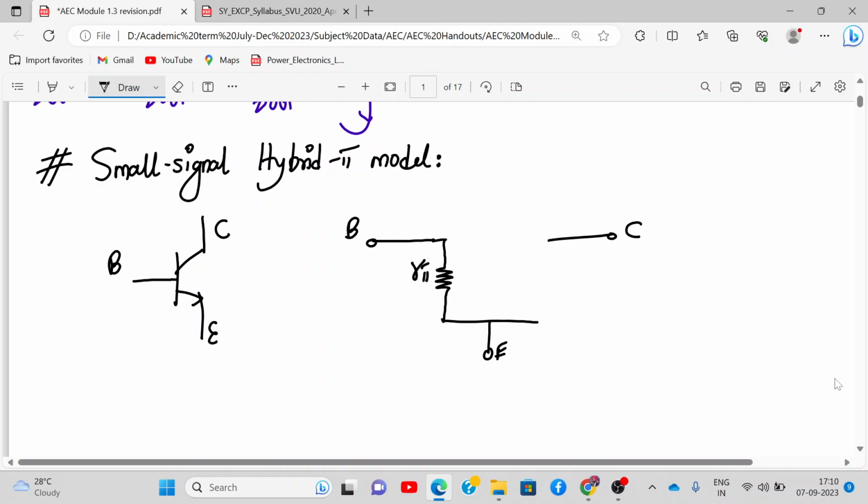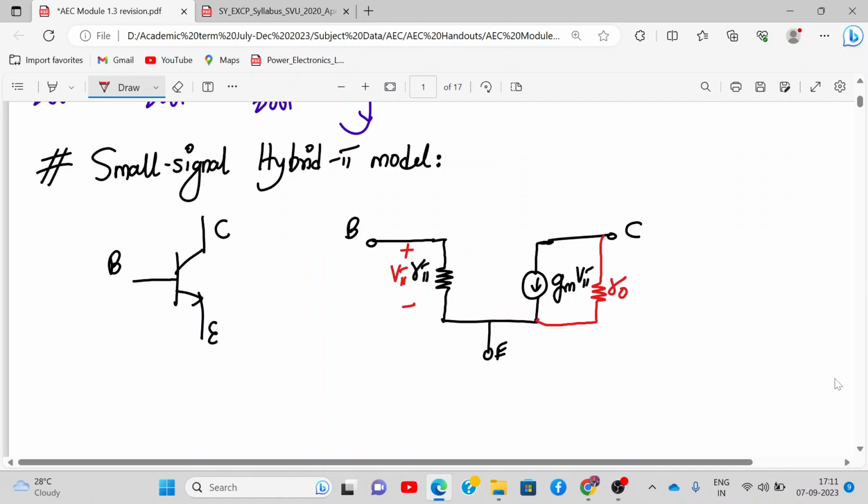Between collector and emitter there is a current flowing, IC, and that current IC is given by gm into v pi. Now what is v pi over here? This voltage is v pi. So gm into v pi, and there is one more component over here, which is the output resistance of the BJT, ro.